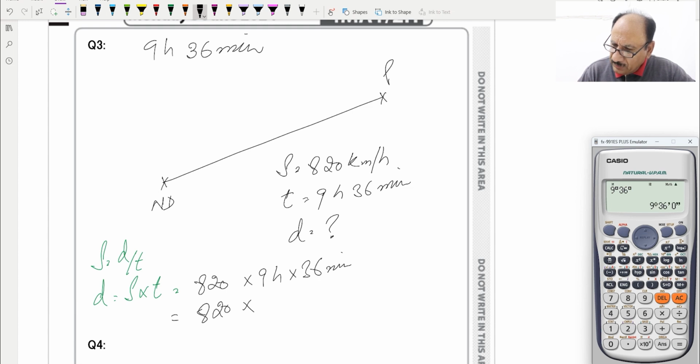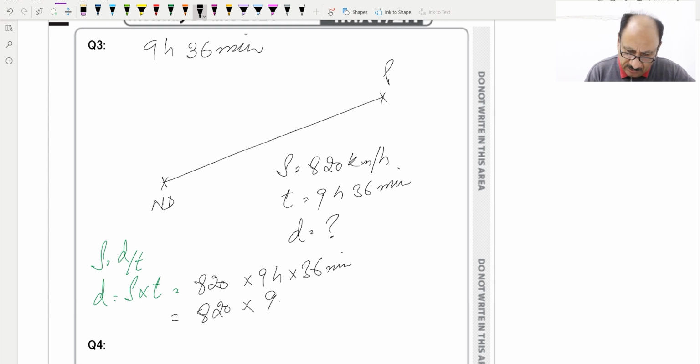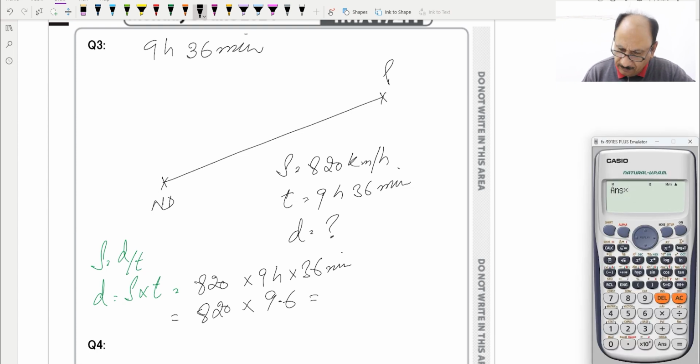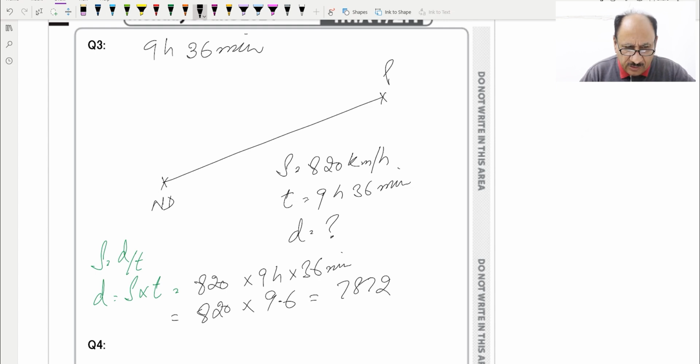This shows 9 hours 36 minutes and 0 seconds, and converting into decimal gives 9.6. Now 820 multiplied by 9.6 is equal to 7872 kilometers. This answer is for 3 marks, which we have done.